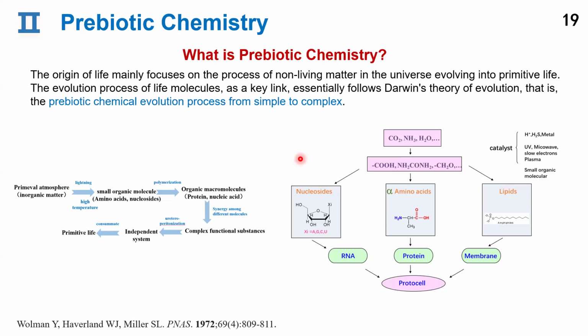It focuses on the chemical evolution that occurred before life began, when small molecules like gases were transformed into organic building blocks like amino acids, nucleotides, and lipids through energy inputs such as lightning, UV radiation, and catalyzed surfaces.